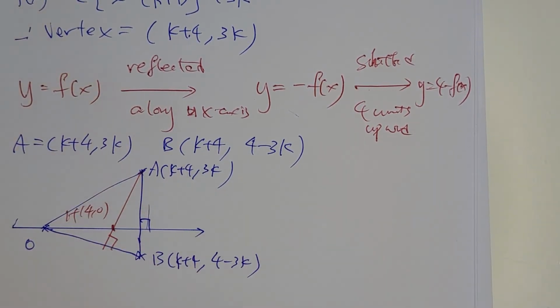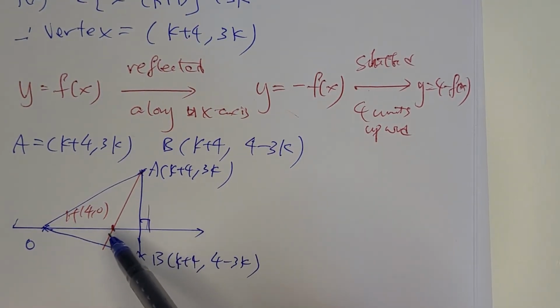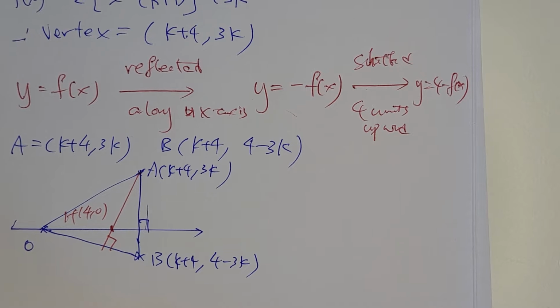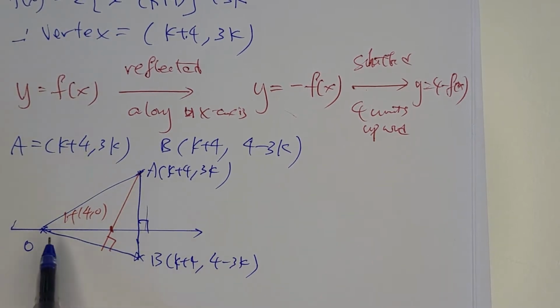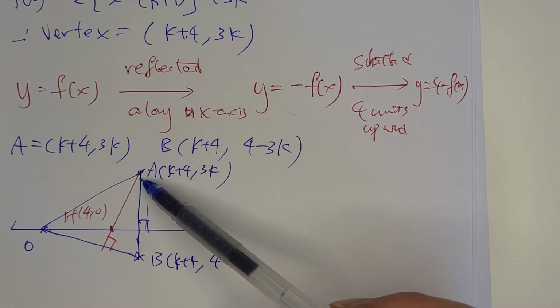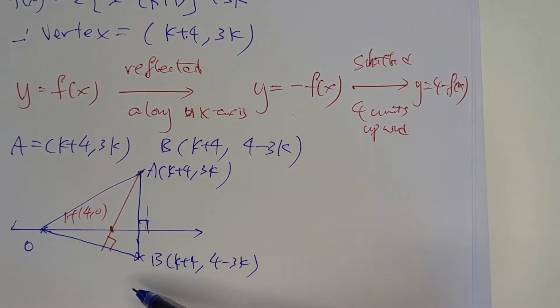Okay, you can observe that I want this point H as the orthocenter, means AH should be perpendicular to OB. And we check whether it is possible. Okay, since one of the heights of this triangle is the x-axis already, so we just need to check. We want AH perpendicular to OB.